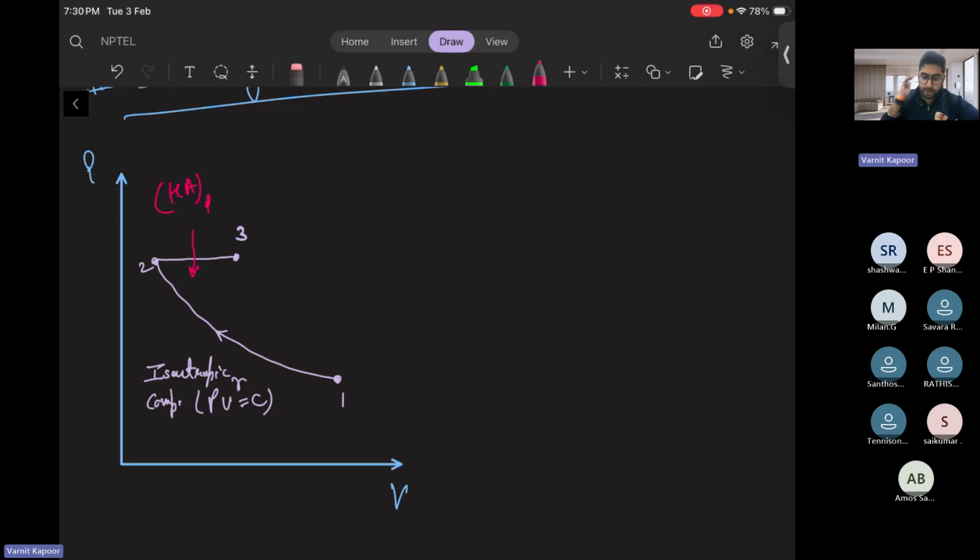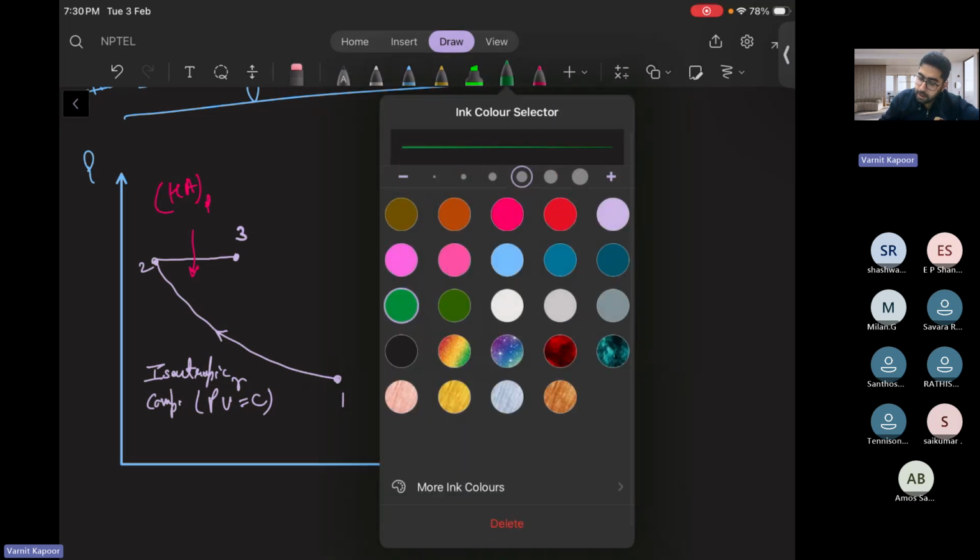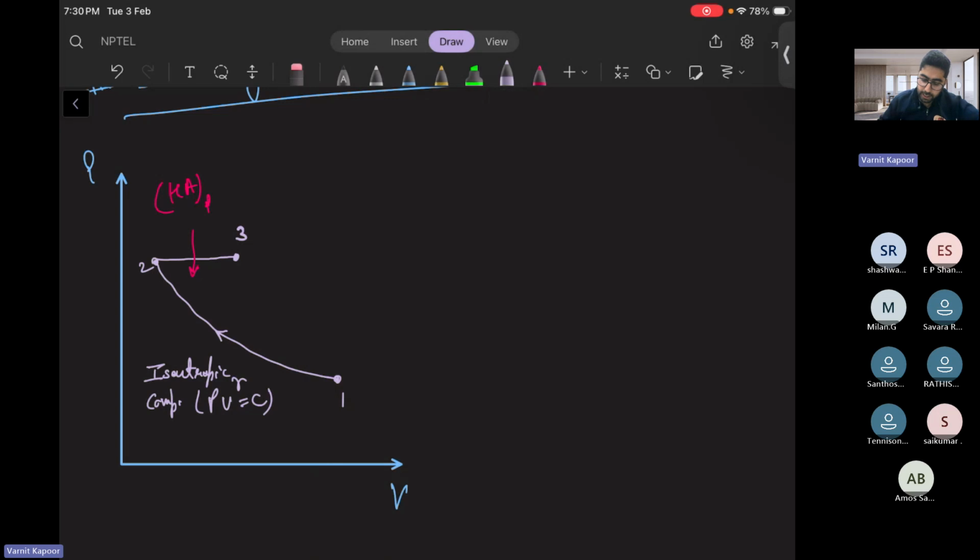Next is your power stroke, that is your expansion stroke. Again it's an isentropic expansion from 3 to 4, that is PV to the power gamma is equal to constant. And finally heat rejection will happen at constant volume.